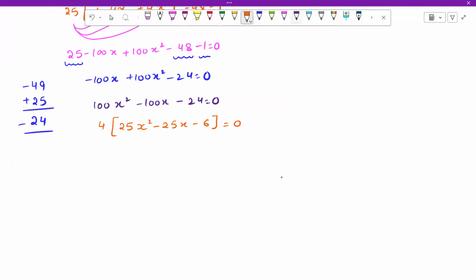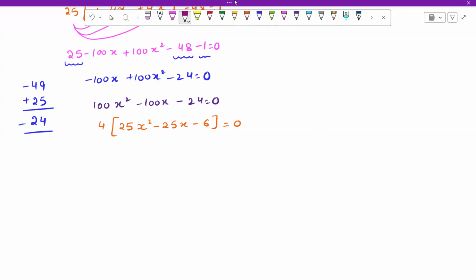Okay, any question in this step, that we took 4 common out of this whole thing? Any doubt, any question? We did this to make the whole equation a bit easier for us, so the numbers are easier to deal with. Good.